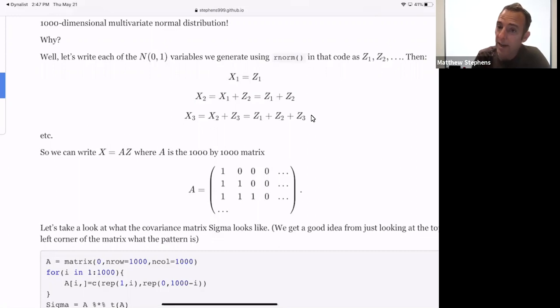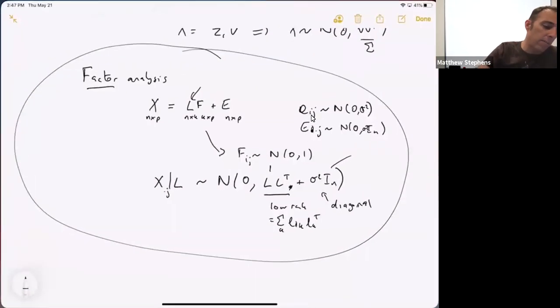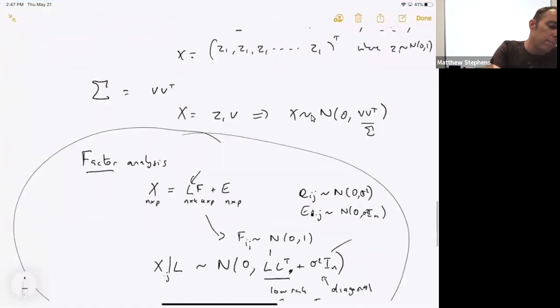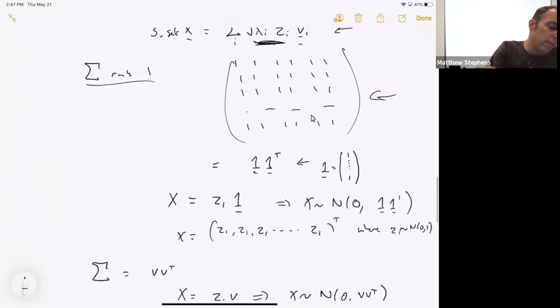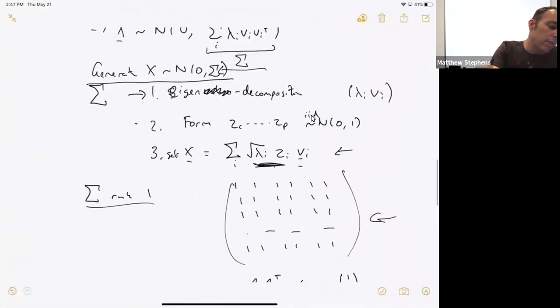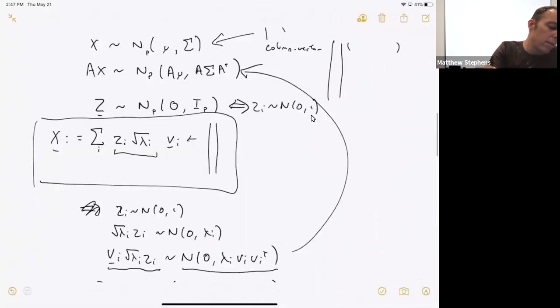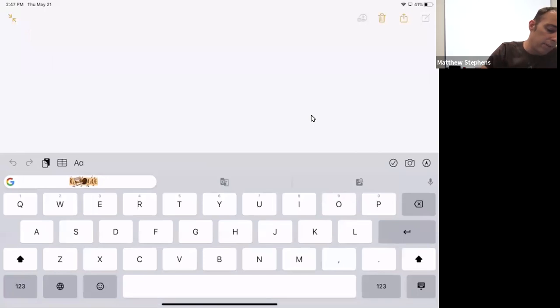where z is a multivariate normal. The vector z is multivariate normal with IID standard normal entries, right? Normal 0, 1. So that means that x is normal 0, AA transpose.